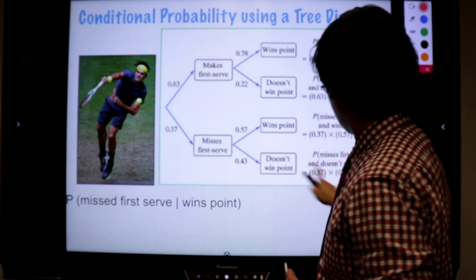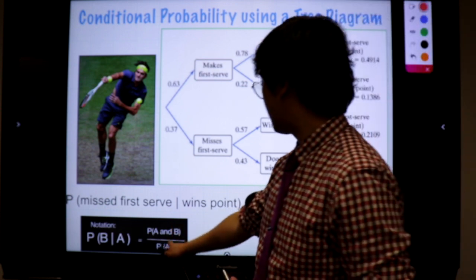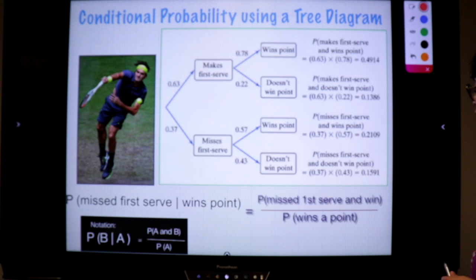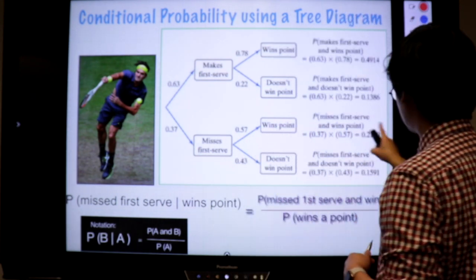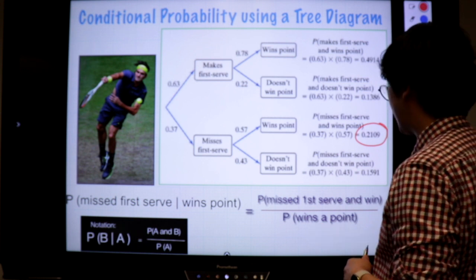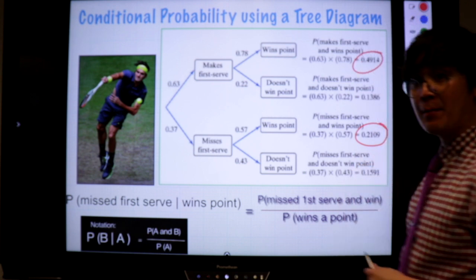So we're going to be collecting P of A and B all over P of A. So the probability of missing the first serve and winning is 0.2109, over winning a point, so you add them up.